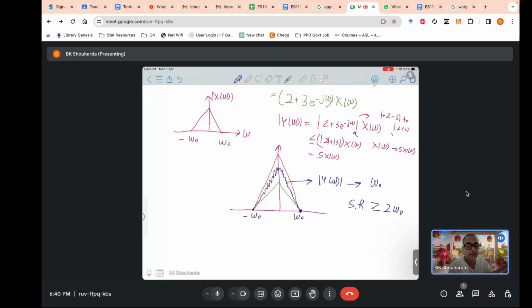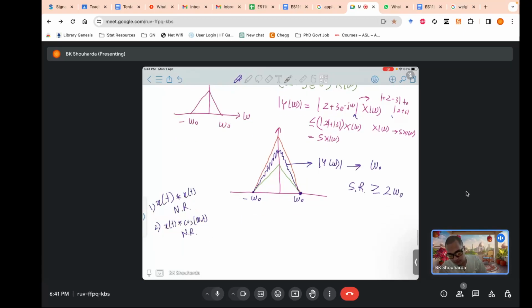So I leave it as homework for you. If you convolve x of t with itself, x of t convolved with x of t, find its Nyquist rate. That's number one. Then x of t multiplied by cos omega naught t, find this Nyquist rate. This is also homework. So it should not be convolved, it should be a multiplication.